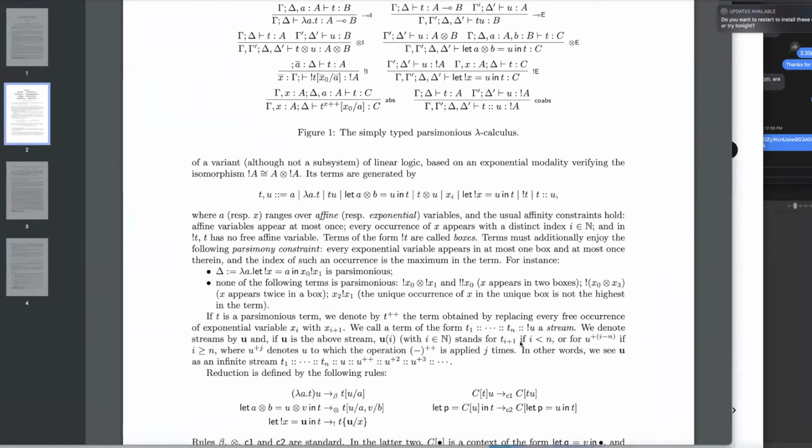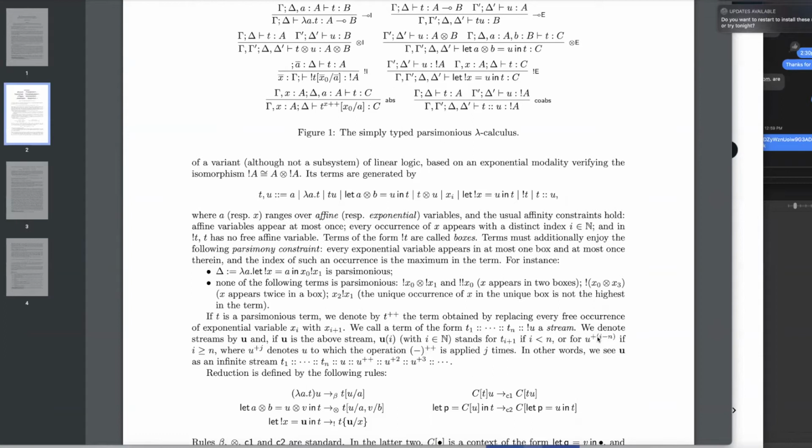Now, when we get up to n, u_n is going to be u plus (i minus n). So i is n now, so this is 0. So u plus 0 is the plus plus operation applied 0 times. u plus j is this plus plus operation applied j times.